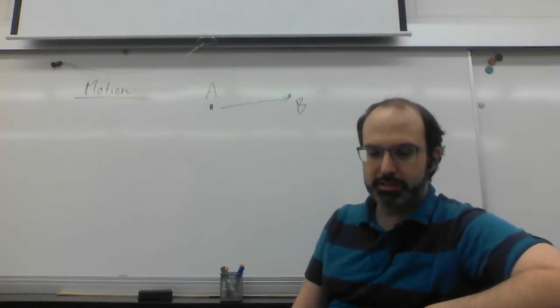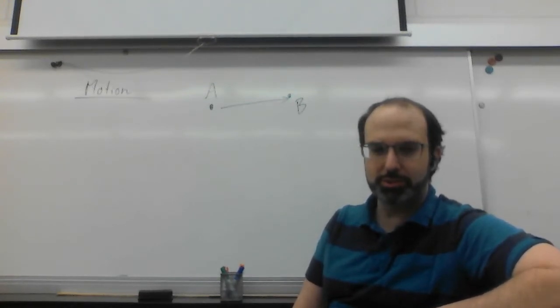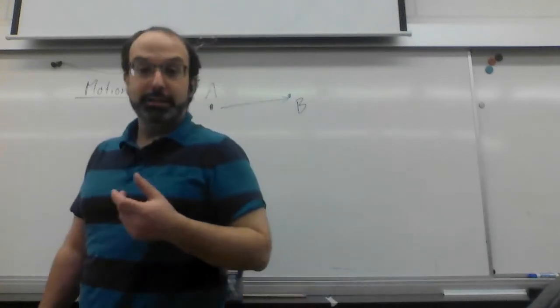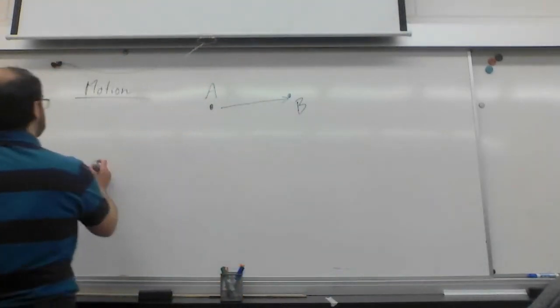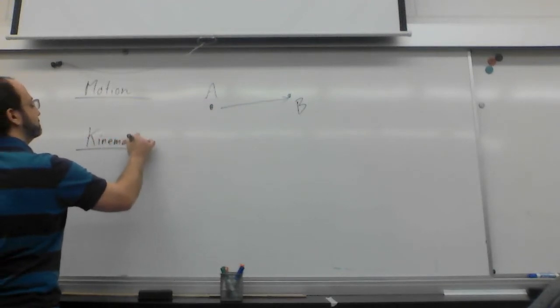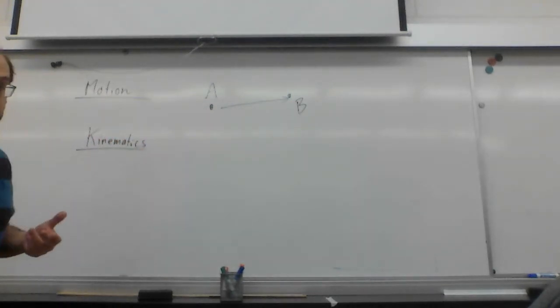Blank is the science of describing the motion of an object using words, diagrams, numbers, and graphs and equations. We will look at the different words used to describe motion in a second. Blank. This is a big fancy word. The word is kinematics. It comes from the Greek.